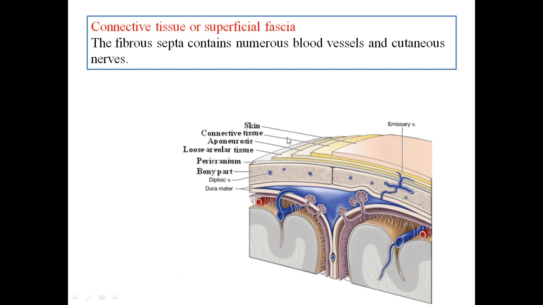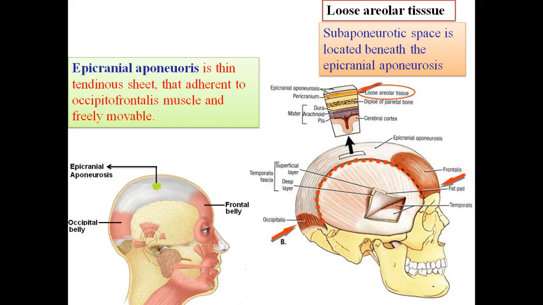These branches easily anastomose with each other in this layer, and this dense fascia is located more at the center than at its periphery.